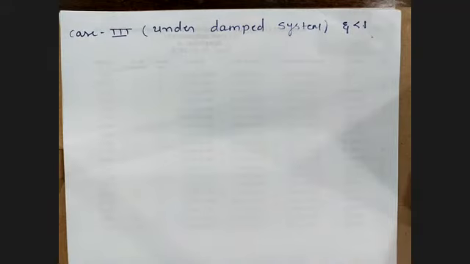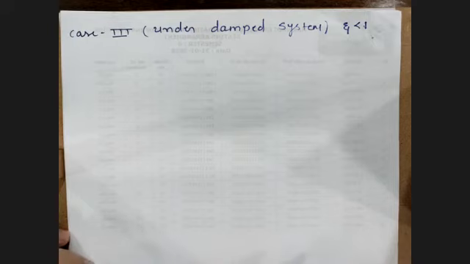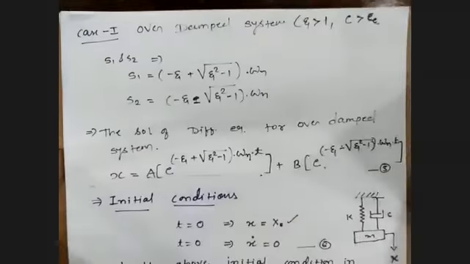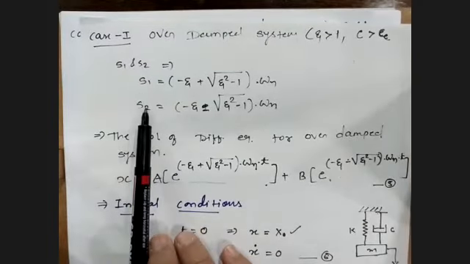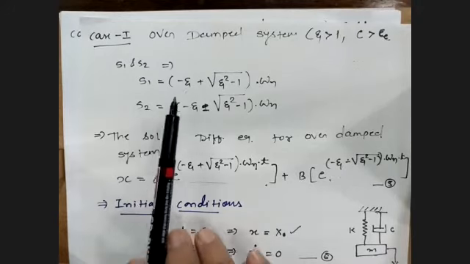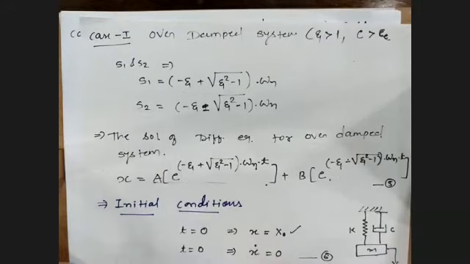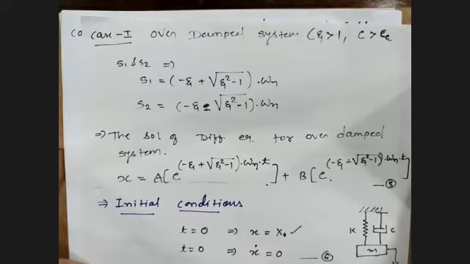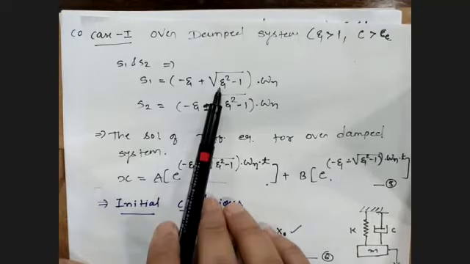If the system has zeta less than 1, that is your underdamped system. Right. So just recall the two roots again. I'll show you the two roots again. You can see these are the two roots that we initially considered. And if we assume that value is less than 1, what happened? If you consider the value of zeta less than 1, what happened?